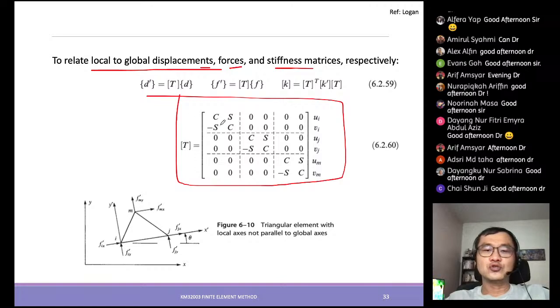I believe you may see familiarity in this transformation matrix between the local and the global stiffness from previous lessons. We just apply that to the displacement, the force or load, and the stiffness matrix, so we can always transform accordingly.